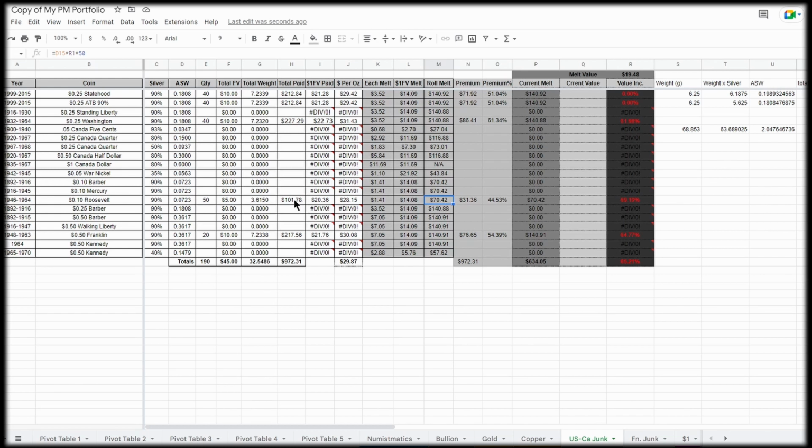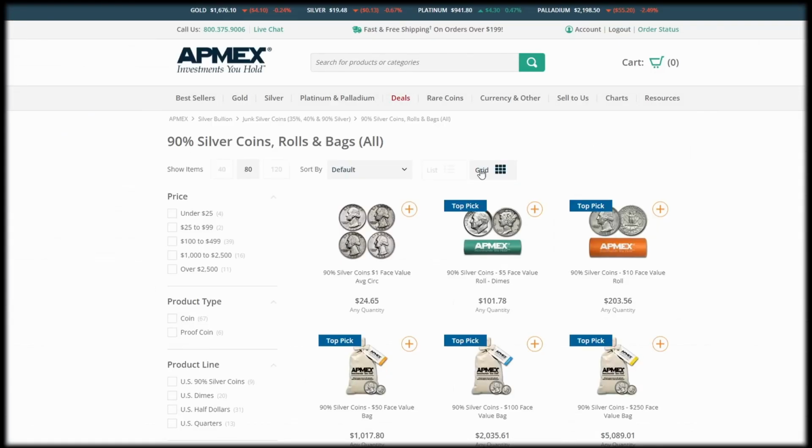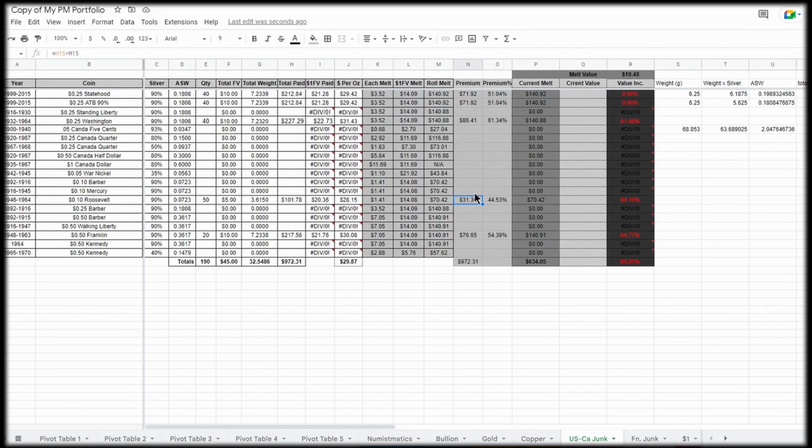The difference between the 101 and 70 gives us 31.36. So the premium we're paying for this roll of dimes is $31.36. From the percentage perspective, if you take $31 on that melt cost, that comes to 44% in premium.